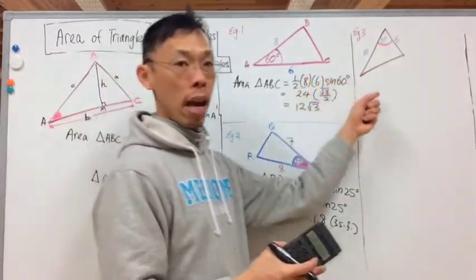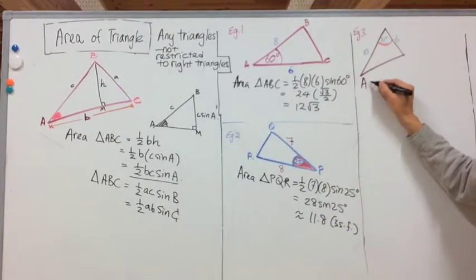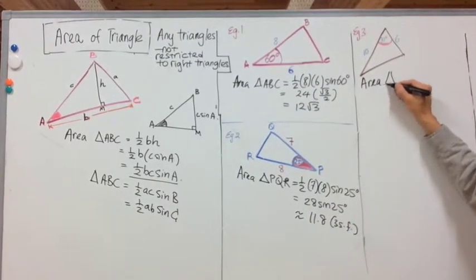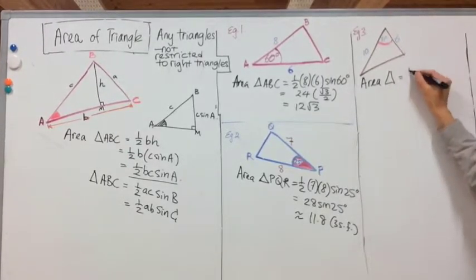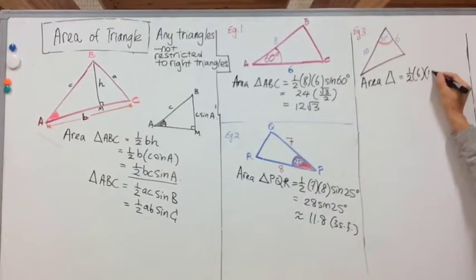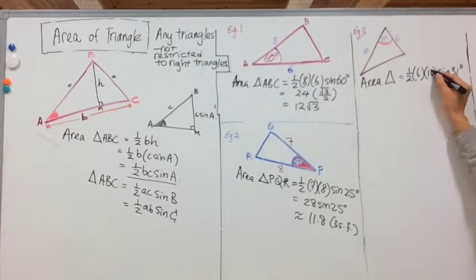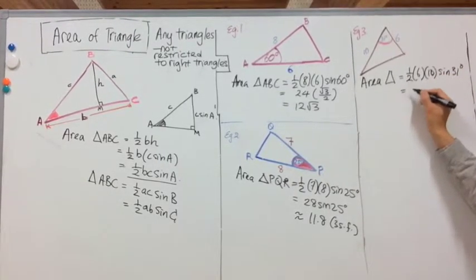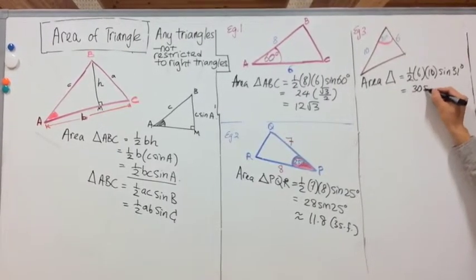Now let's look at example number 3. Example number 3 is similar. The area of this triangle is half, and then 6 and 10, and then sine 31 degrees. This is basically 5 times 6, 30, times sine 31.